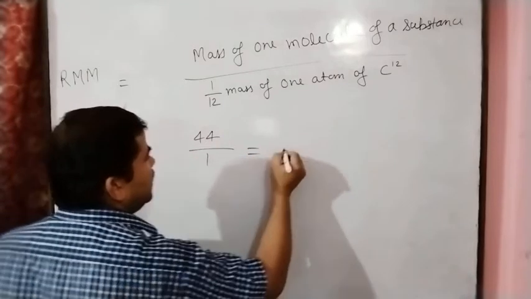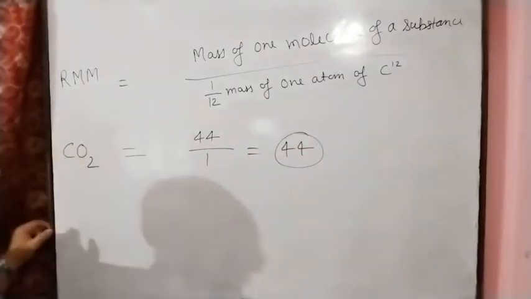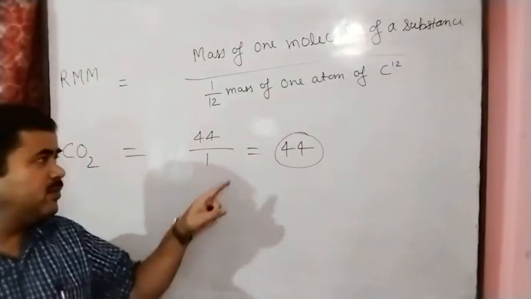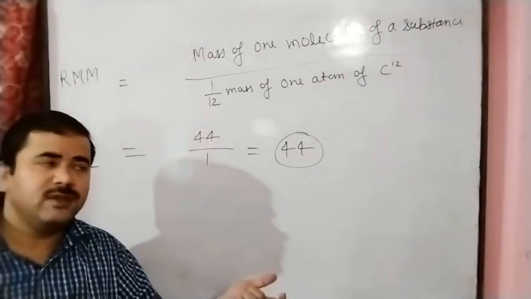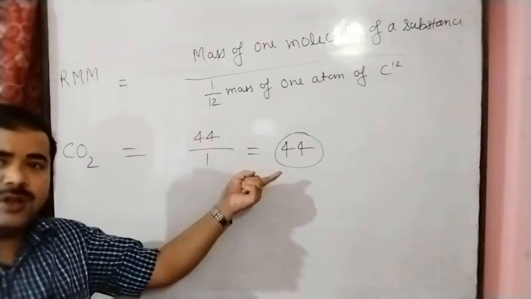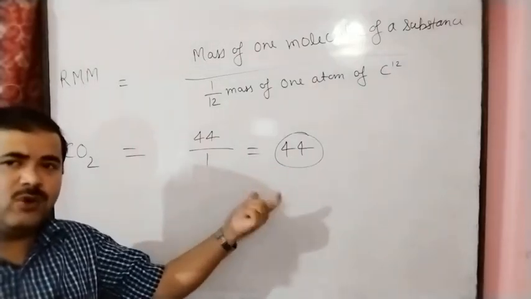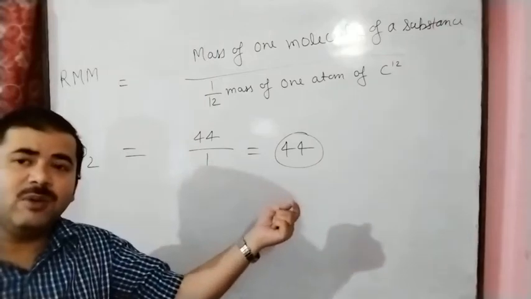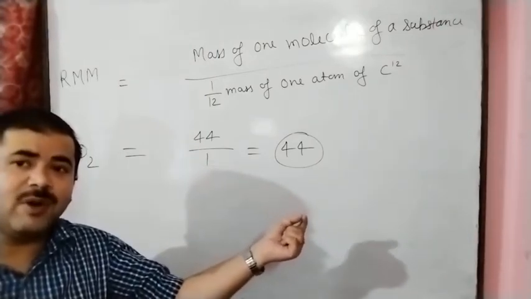So we get 44. We say that carbon dioxide is 44 times heavier than 1/12th the mass of one atom of carbon 12.